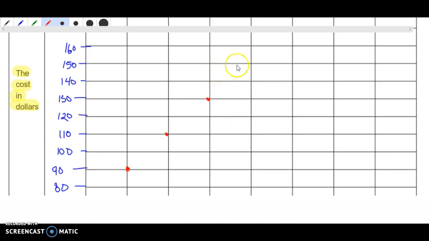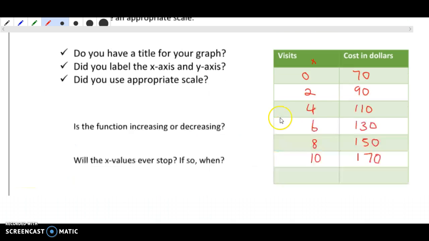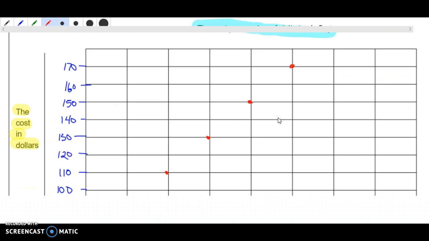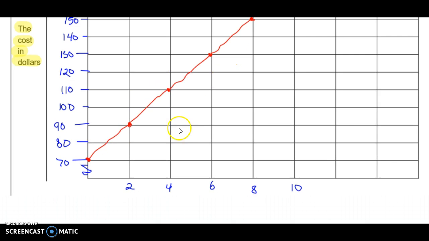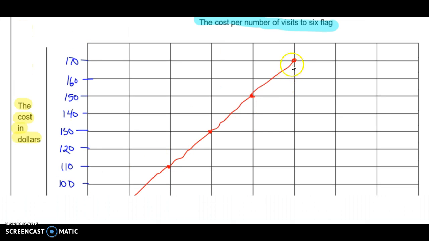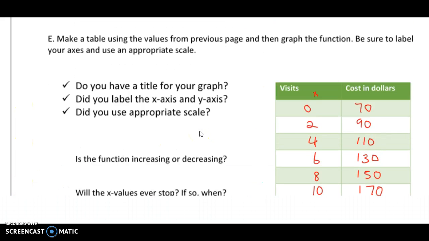So let's go up 2 over 1. For 8 visits, 150. And for 10 visits, 170. And we have a perfect linear graph, so that's good. So if you had a ruler, you would take your ruler and connect the points, and it would be a perfect linear line. And there you go, that's our graph.